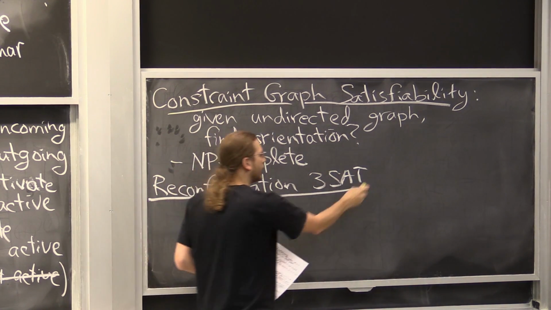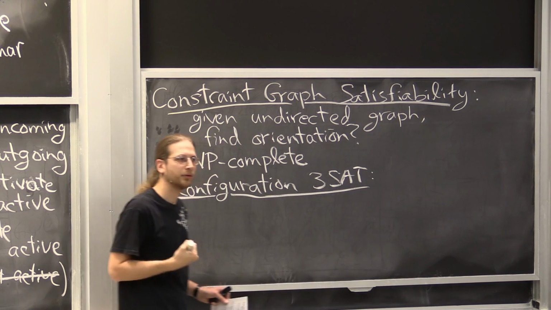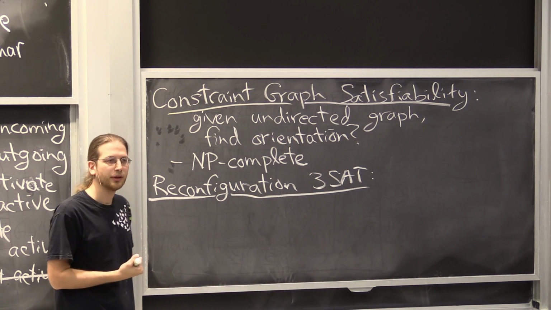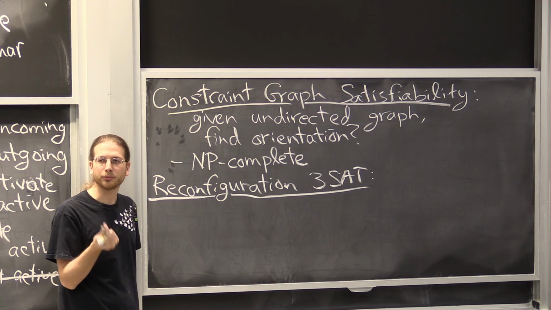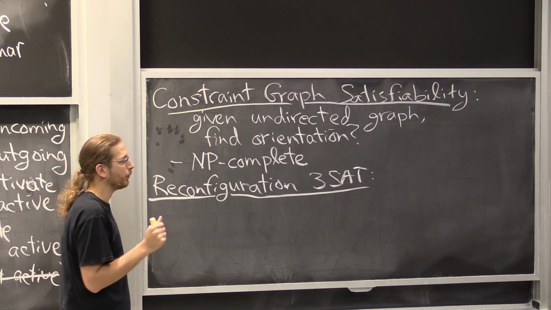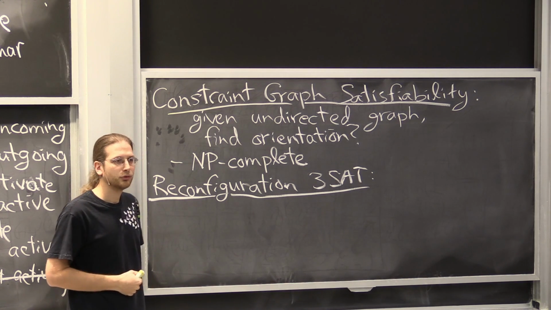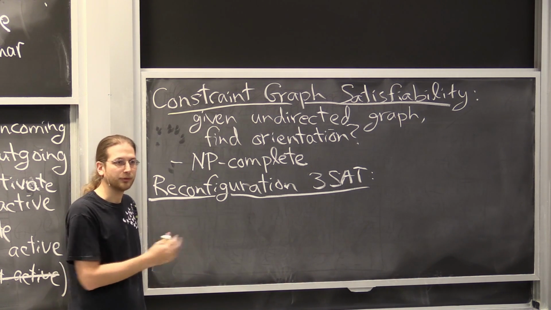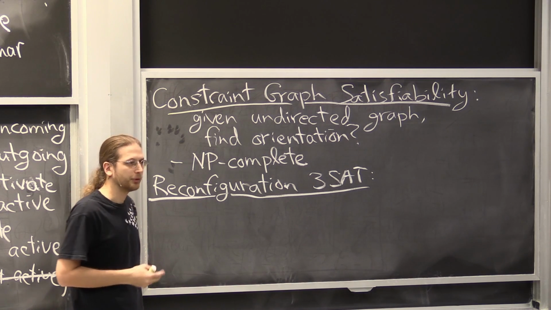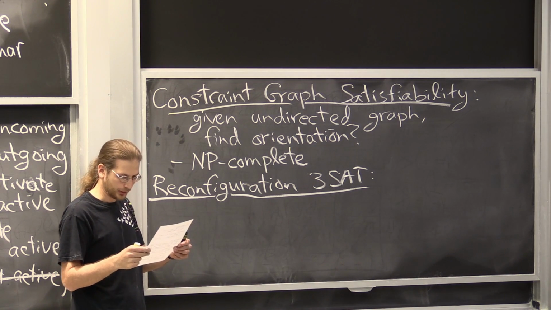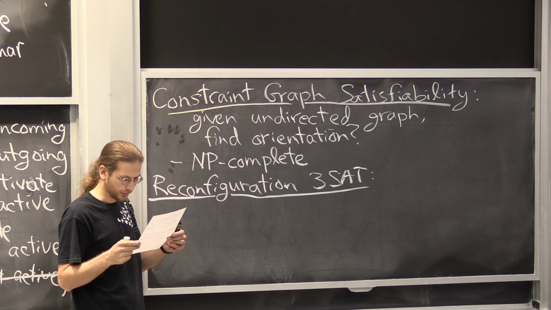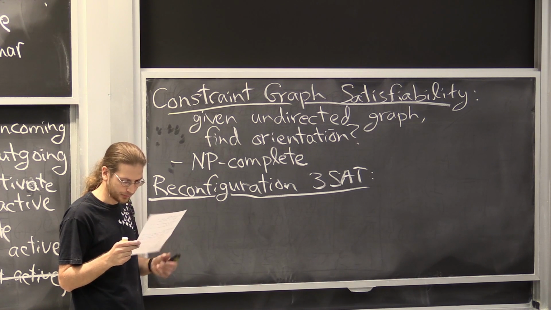Suppose I give you 2 solutions to a 3-SAT formula, 2 satisfying assignments, and my move is to flip a variable from true to false or vice versa. I want at all times to be a satisfying assignment. I claim it is PSPACE-complete to find a sequence of such moves. This was originally proved by Gopalan, Kolaitis, Maneva, Papadimitriou, and others.